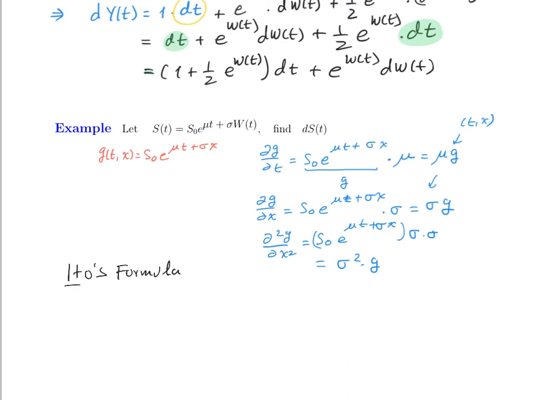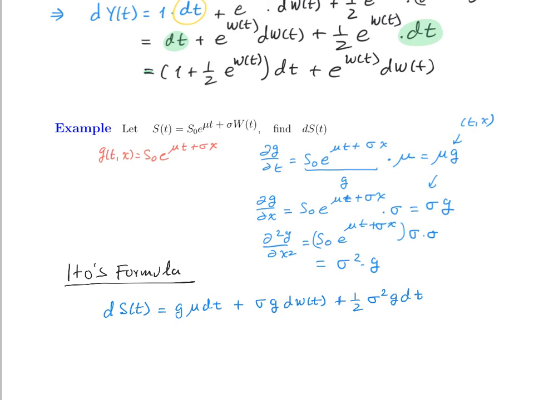All right, so now if we apply Ito's formula, which is the same formula we used twice already, we get the following: d of S_t is going to be equal to g mu dt plus sigma g dW_t plus 1/2 sigma squared g dt.